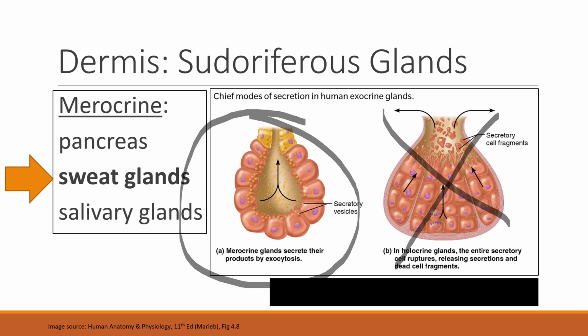The example I gave a couple weeks ago was that sweat glands are a type of merocrine gland because they have these secretory vesicles right here. They secrete that substance into this gland and it goes out the duct. But the cells themselves remain intact, compared to these sebaceous glands.